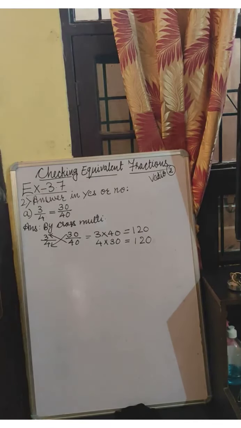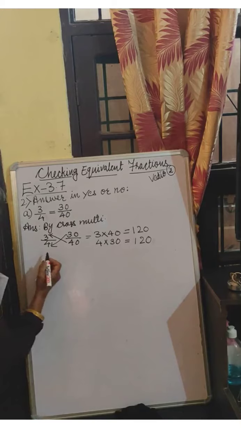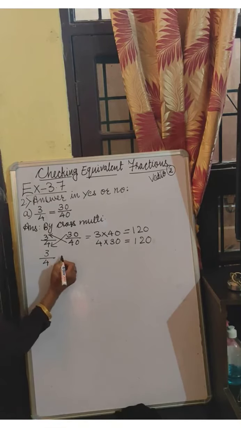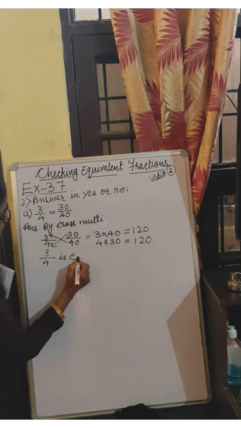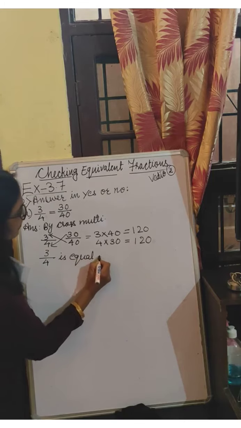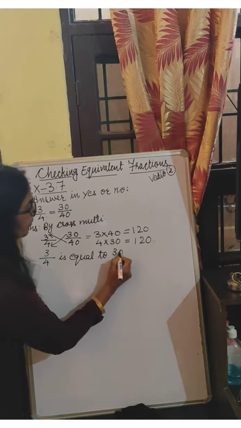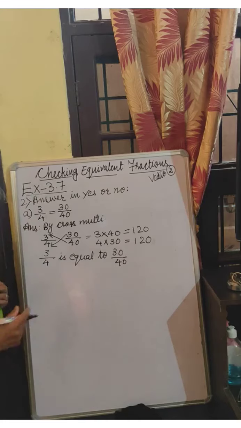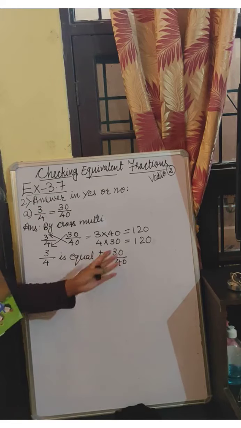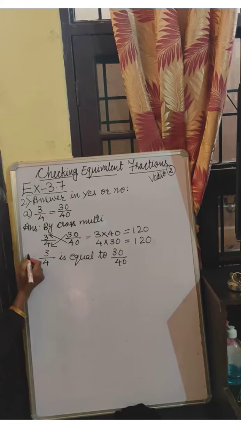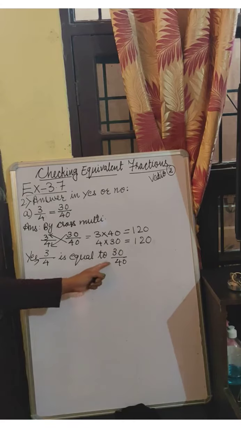So you will write here 3 upon 4 is equal to 30 upon 40. This is the answer. Okay. So you can write equivalent to or equal to, both are same. Yes, you have to write this also. You have to write yes, 3 upon 4 is equal to 30 upon 40.